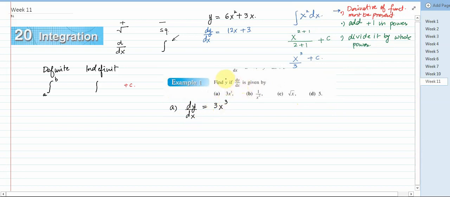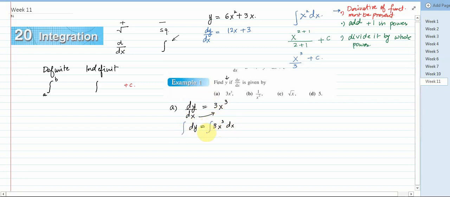We need to find out y only, right? So we need to eliminate the sign of d over dx, right? If I write in this form, dy is equals to 3x cubed, and this dx, when you shift on the right side, it will be dx. And after that, we are ready to integrate the function.